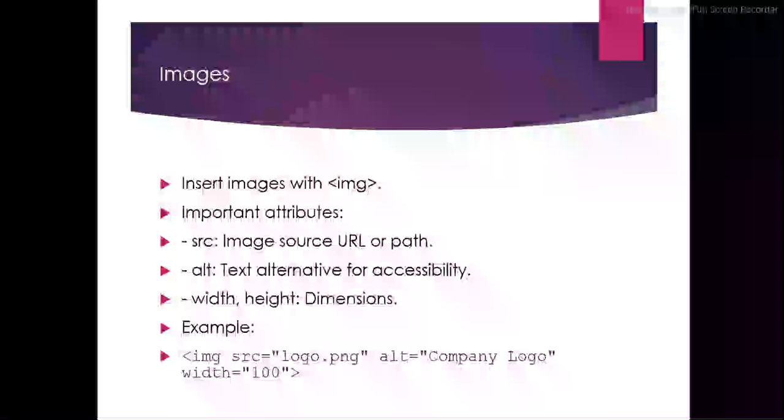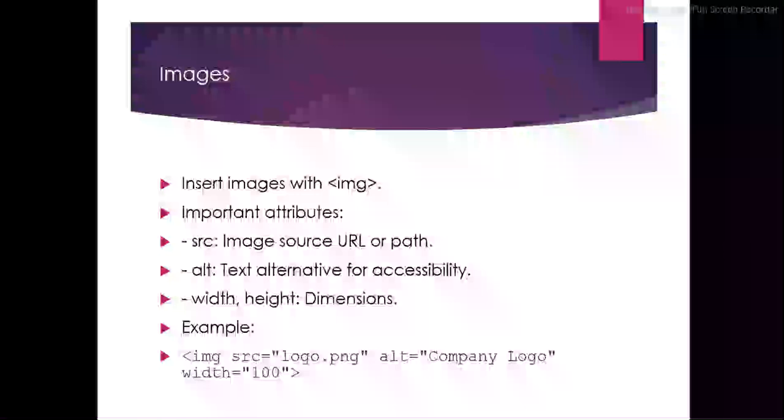And what is this alternate? alt stands for alternate. This is nothing but the text that will be displayed when the requested image is not available. For example here you are given image source equal to logo. In case that file is not available, then the text company logo will be displayed on the web page.